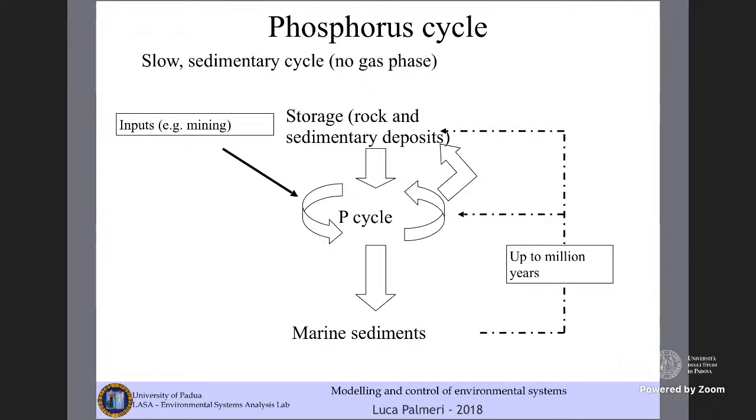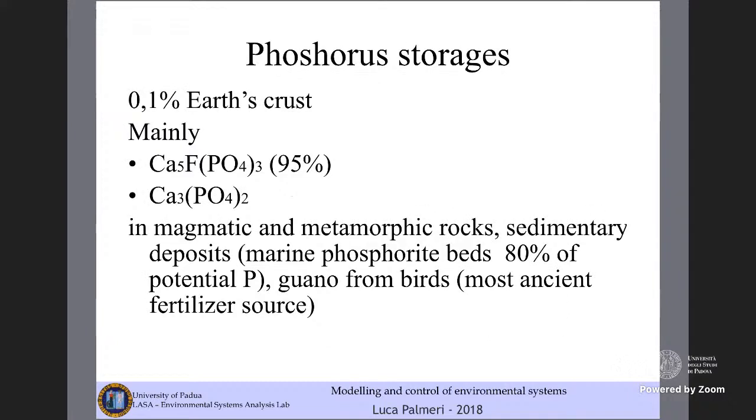And then we have some kind of shortcuts that transport phosphates from marine sediments up into the phosphorus cycles into animals. These cycles need millions of years. So the movement of phosphorus from the marine sediments into the water column may take a very long time.